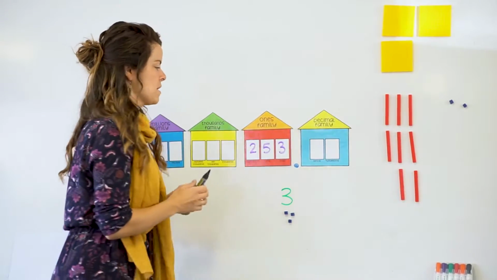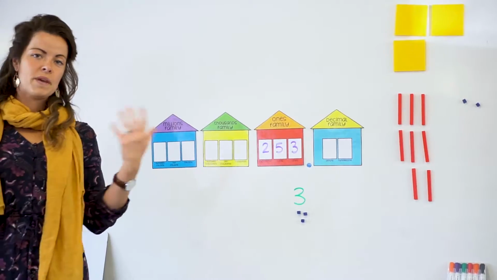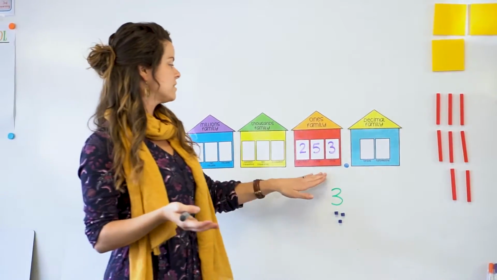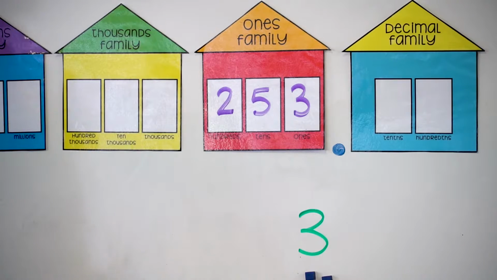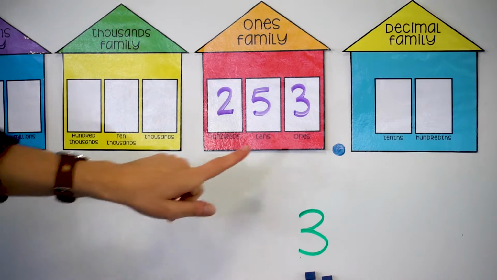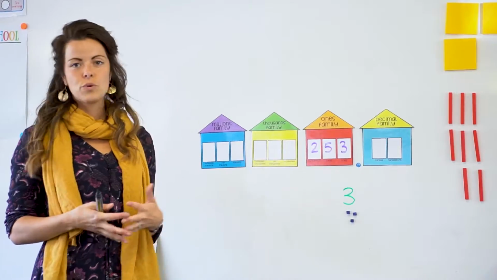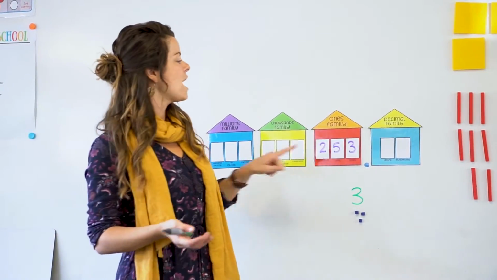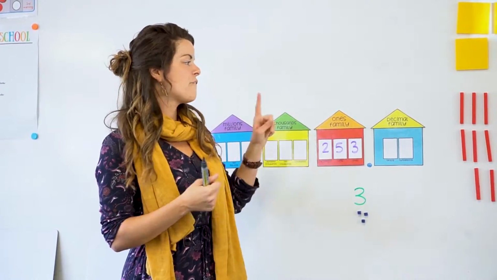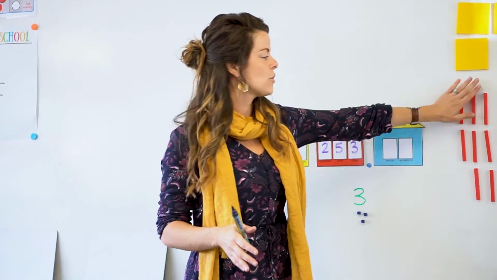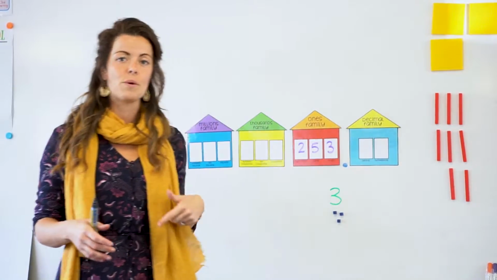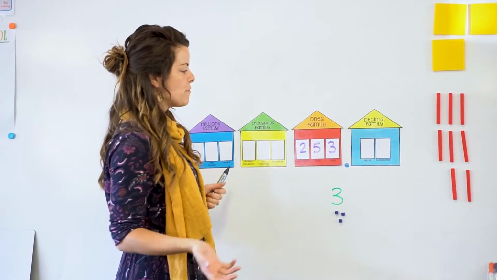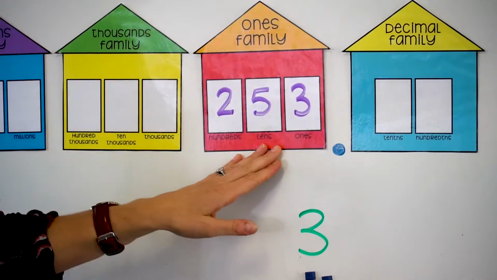Great. Then we'd move over to our tens column and ask what this number in the middle represents, giving them an opportunity to identify what column the number is in, and we can see it's in the tens. There's a 5 there, but I know that this is 5 tens. Using the materials, I can see that the long blocks represent 10. So if I had 5 of these, what is this equivalent to?